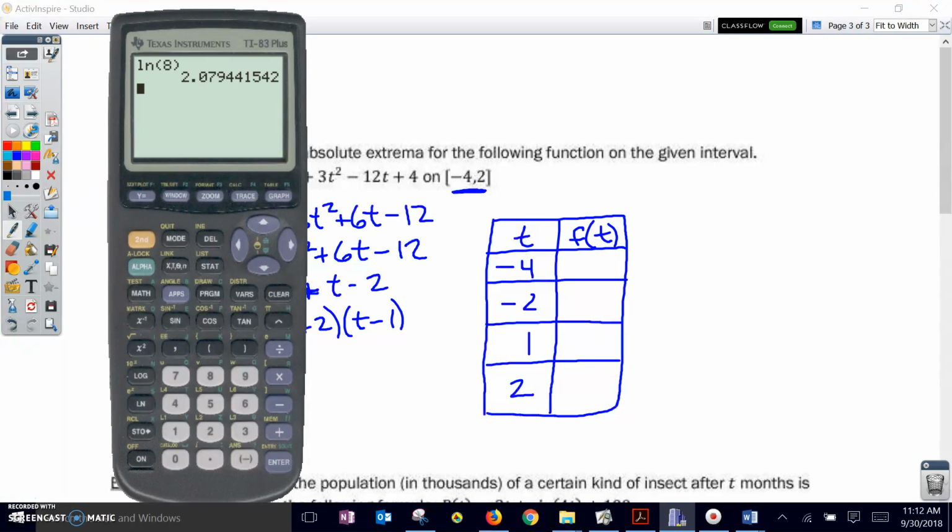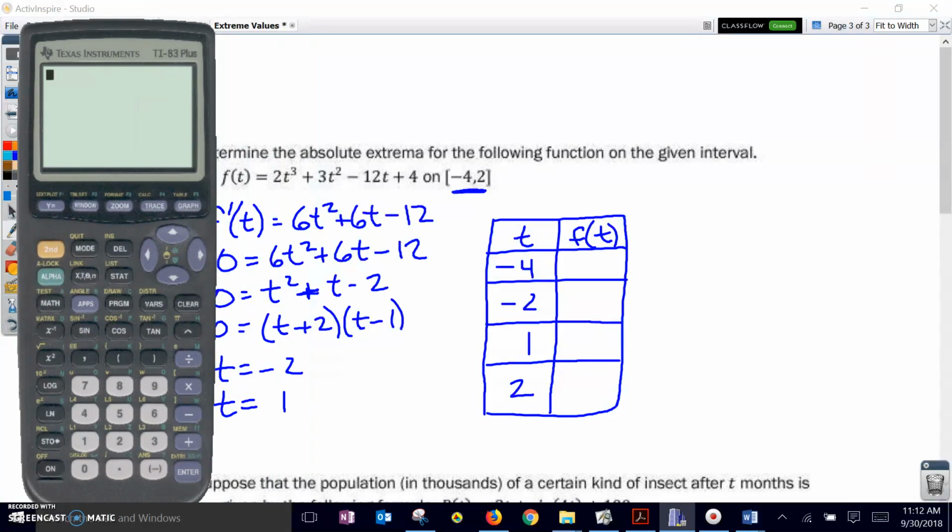I think the easiest way for me to do that is to type this function into my calculator and then evaluate. I'm just going to go into my table and set it up to ask, and then I can just type in the values that I want.